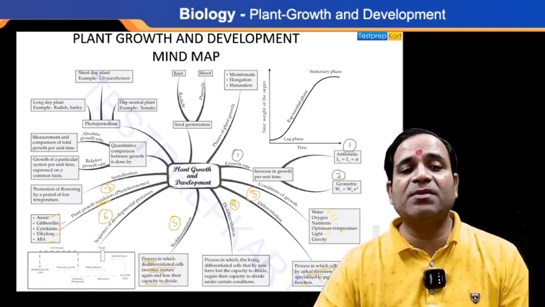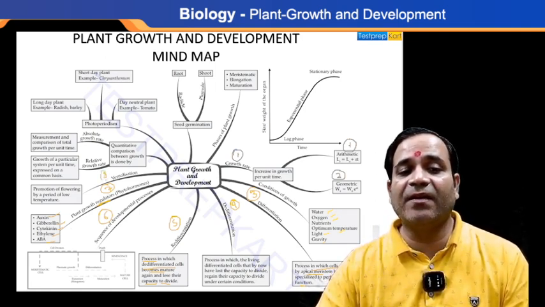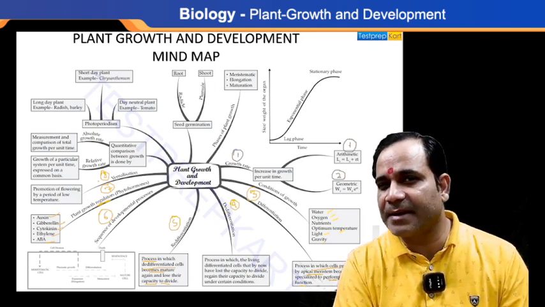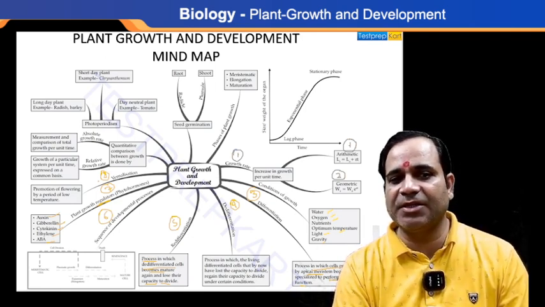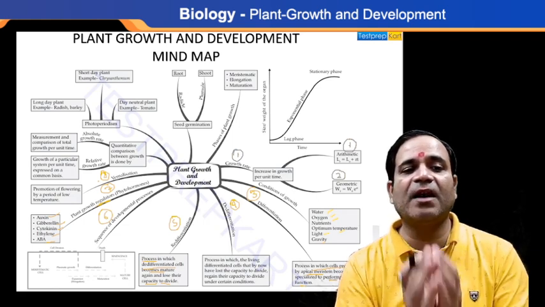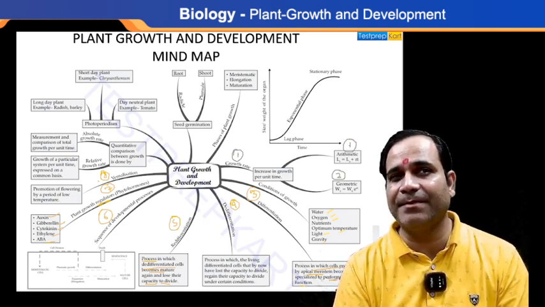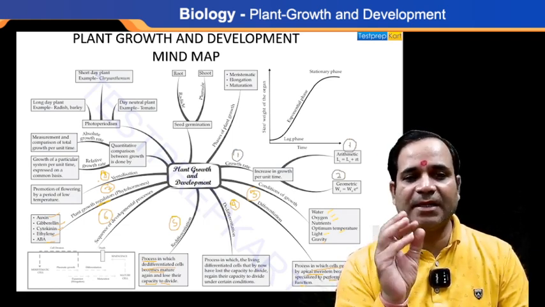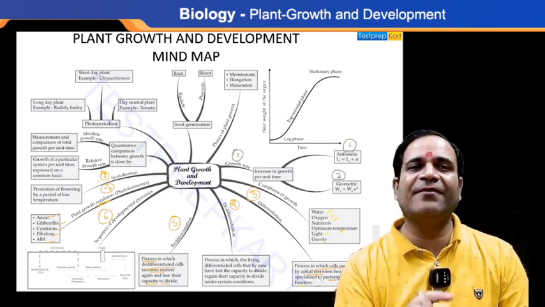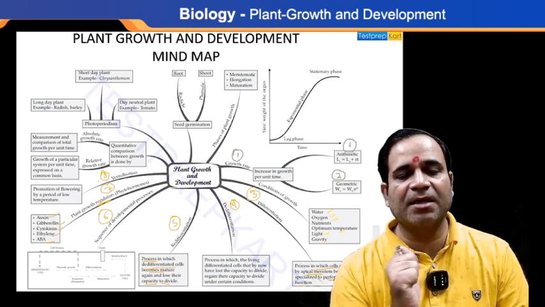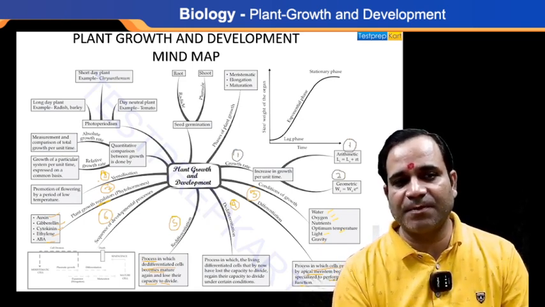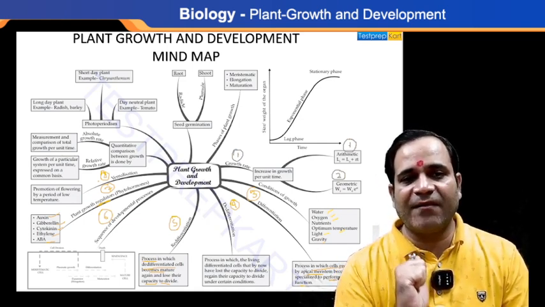Now, the next term we should know is vernalization. You know the meaning of vernalization, my dear? Listen carefully. Vernalization means promotion of flowering by a period of low temperature. So suppose I provide a very low temperature, and that temperature promotes the plants to become flowering.